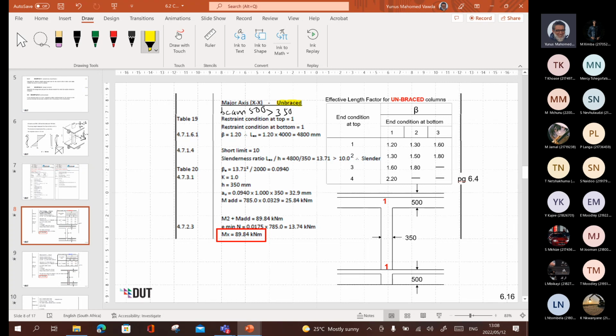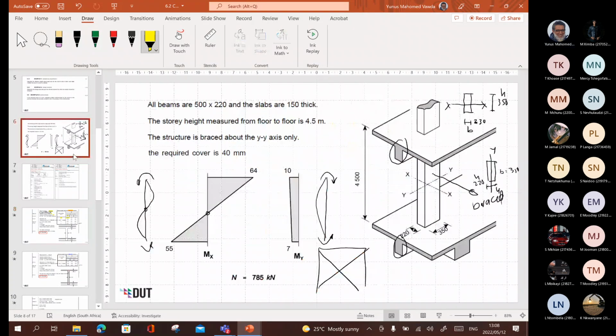So this is unbraced. Condition at the top is 1, 1. That gives me 1.2, right? What is my LO? Back to my sketch. I want the clear distance under the beam to the top of the floor.